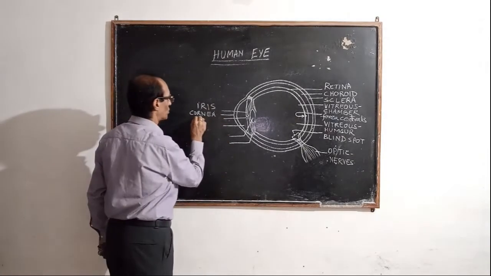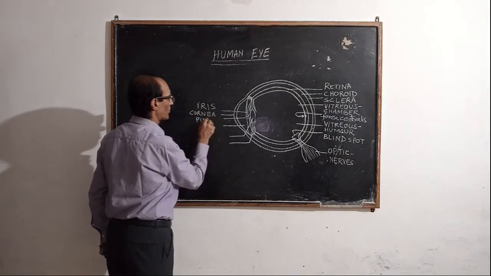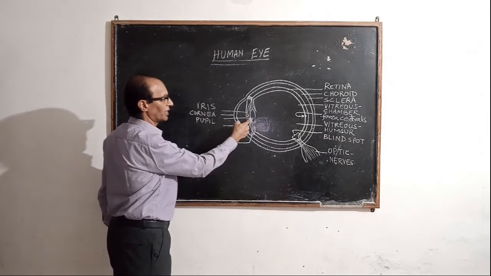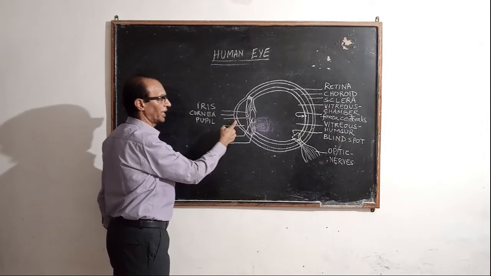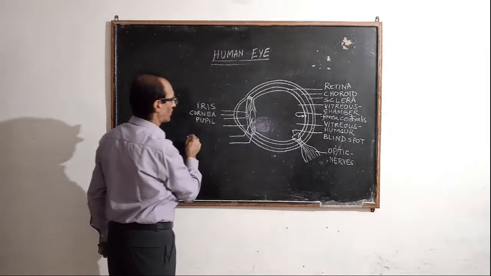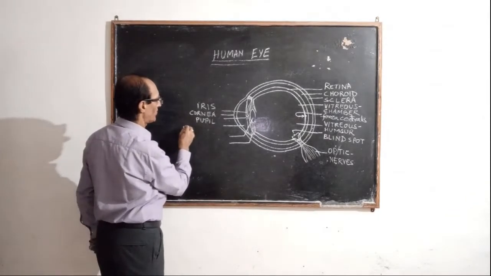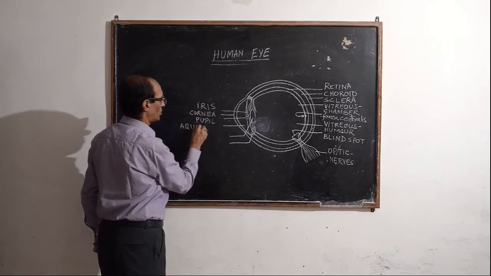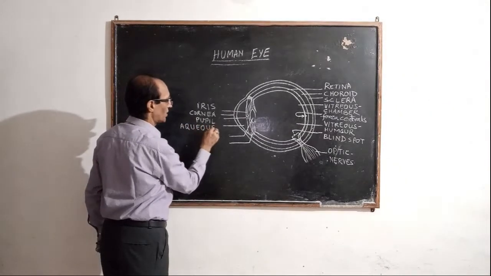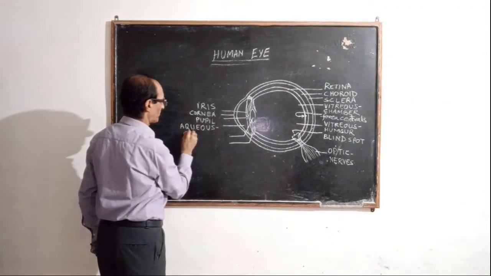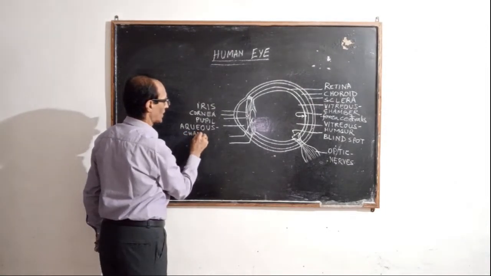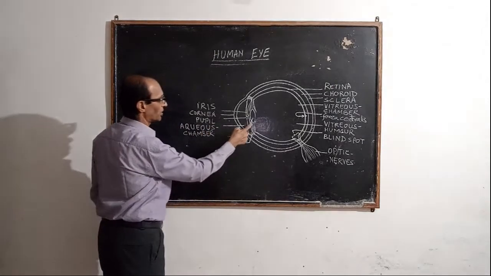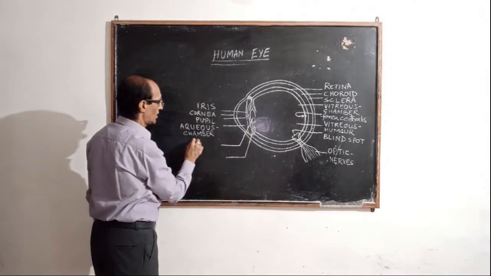That is the pupil. The portion in between this lens and the cornea is referred to as the aqueous chamber. A-Q-U-E-O-U-S, aqueous chamber. Now, this portion is the lens.